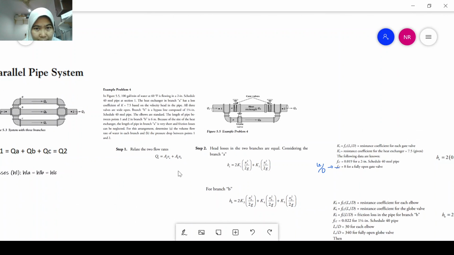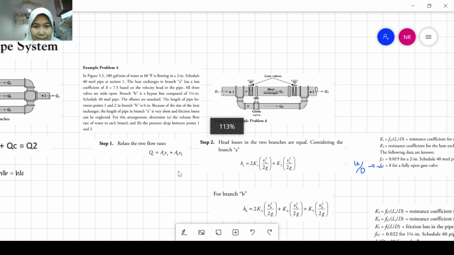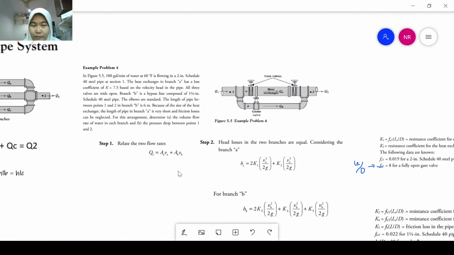I will make it slightly bigger for this. This is exactly from the textbook, but I want us to look at this example together. So let's read. In figure 5.5, which is this figure, 100 gallons per minute of water at 60 degrees Fahrenheit is flowing in a 2-inch diameter schedule 40 steel pipe at section 1.